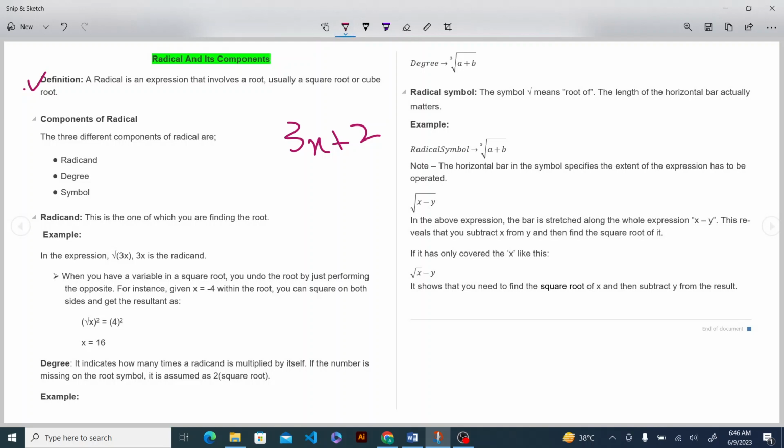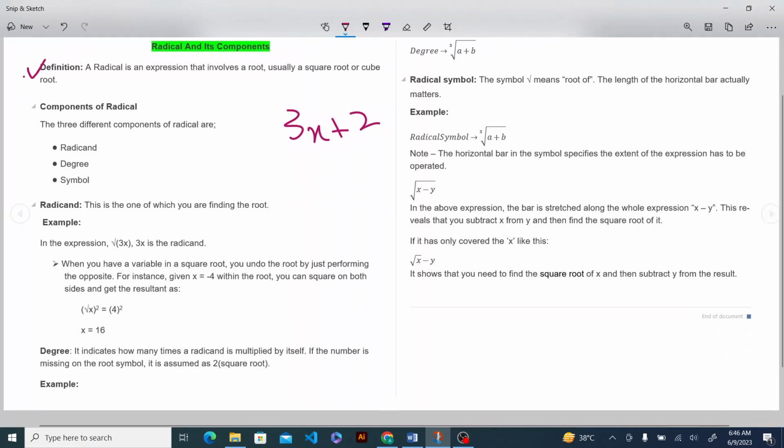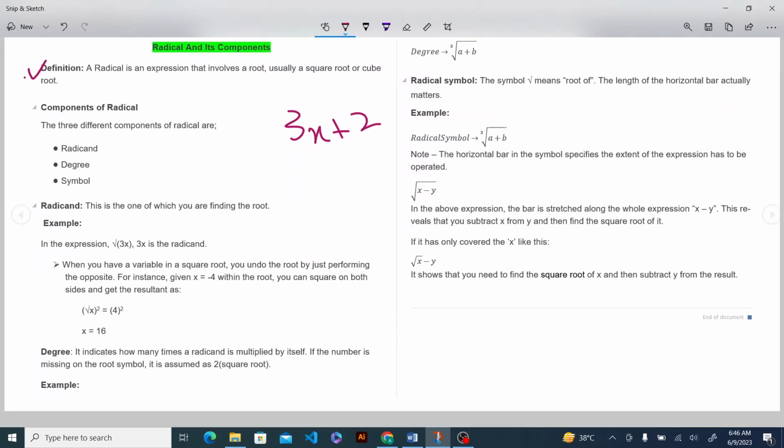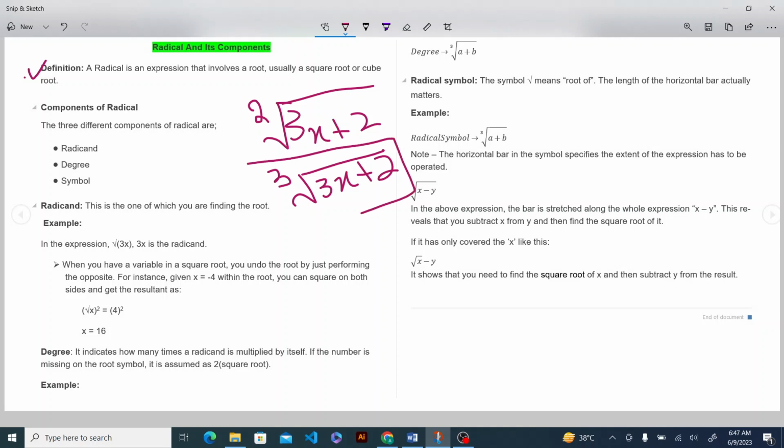And when there is root upon that expression, it can be square root as well, or it can be cube root as well. When there is root on that expression, it becomes what? It becomes a radical. Okay, so this is the definition of radical. I hope you have got an idea what is radical.